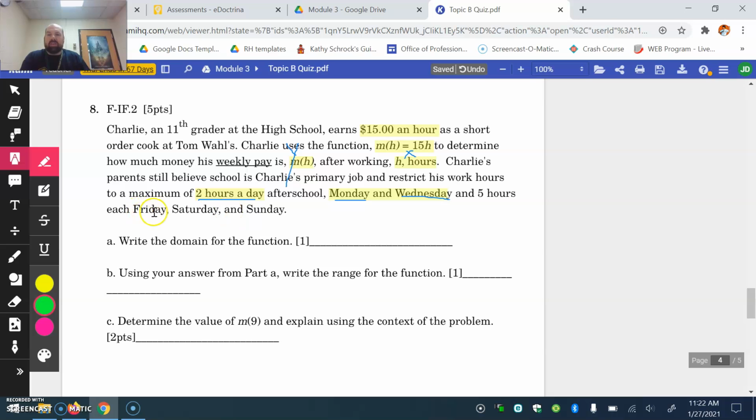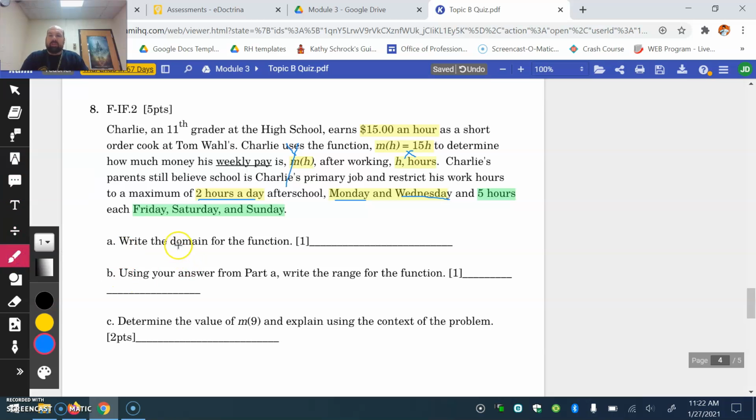And 5 hours each Friday, Saturday, and Sunday. So Friday, Saturday, and Sunday, he can, it doesn't mean he will work 5 hours those days. So you've got to think of number of hours, okay, remember, is our h. So the domain is our x values.